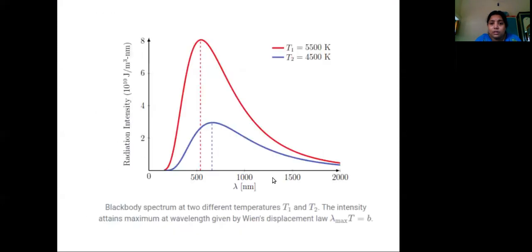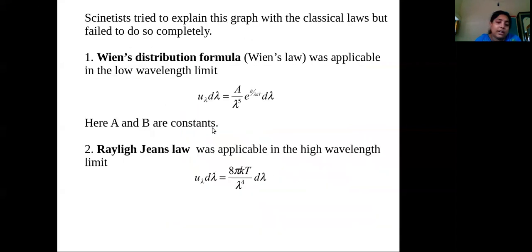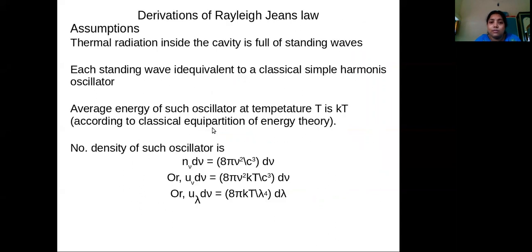So Wien's law was applicable for this lower wavelength limit, whereas the Rayleigh-Jeans law was applicable for the higher wavelength limit. But there was no single law which could explain the whole graph.